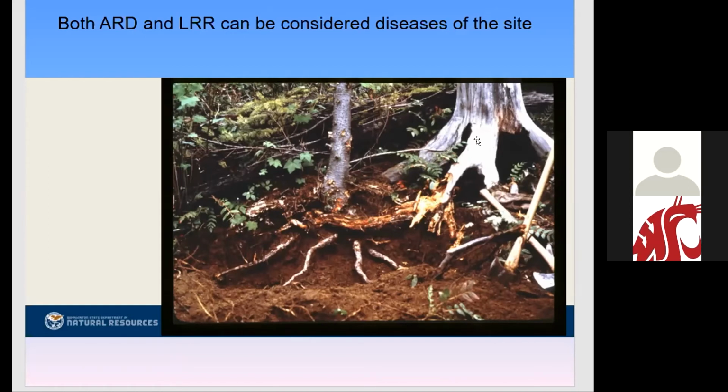So because of this ability, we often refer to Armillaria and laminated root diseases as diseases of the site. Once you get them on your property, they will persist for, dare I say, generations, certainly decades.